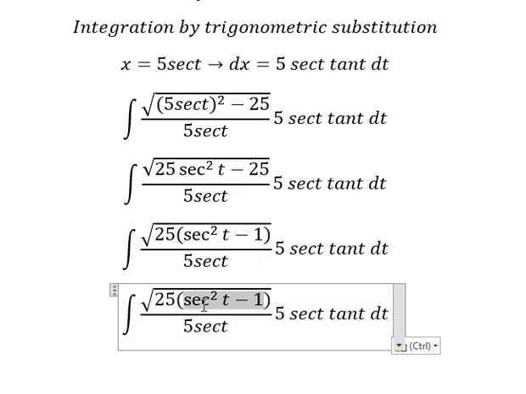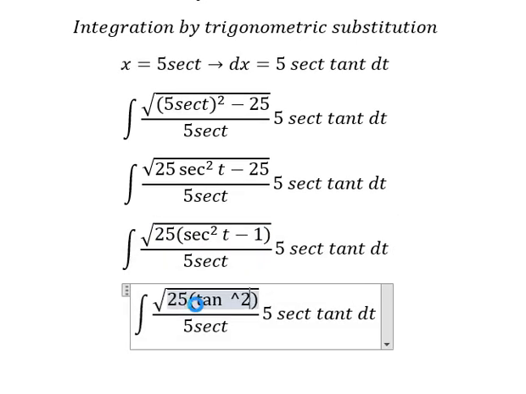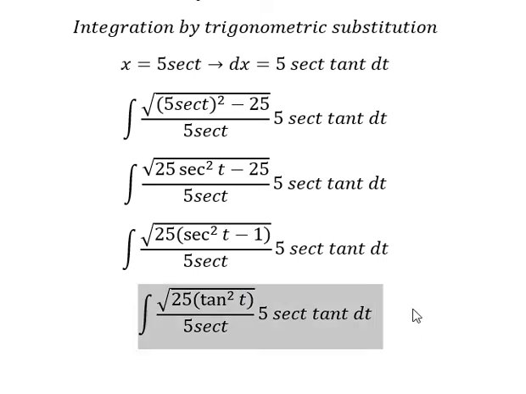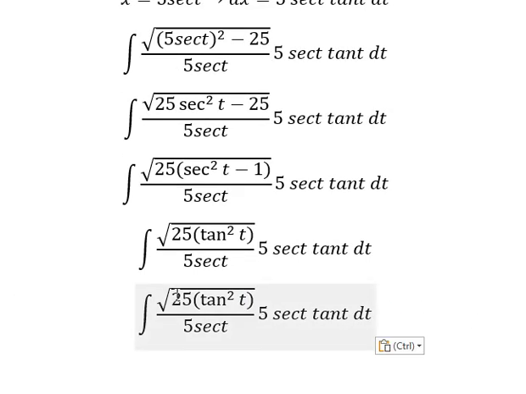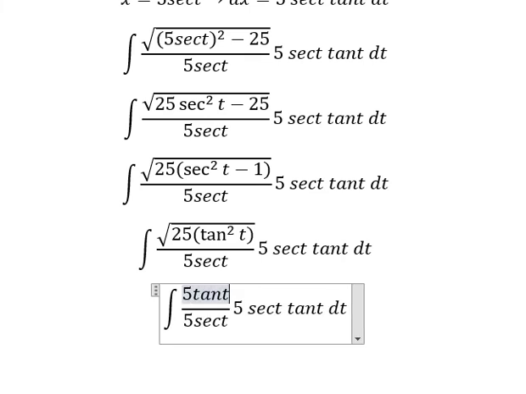So this one we have tan t square. The square root of 25 tan t square, we have 5 tan t.